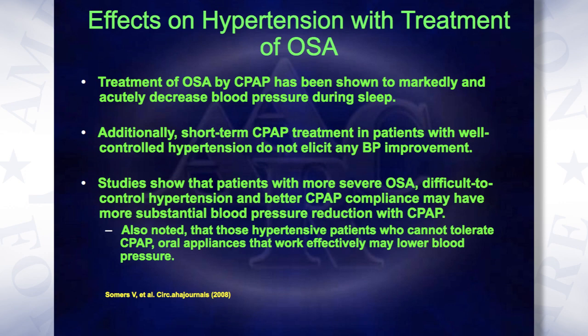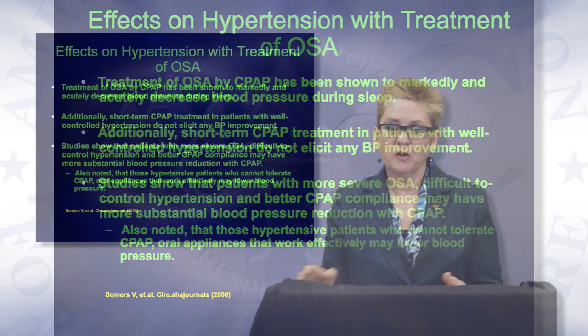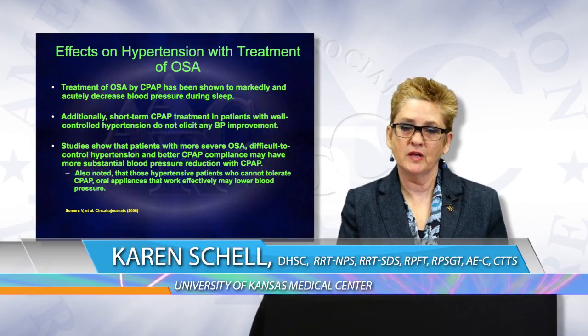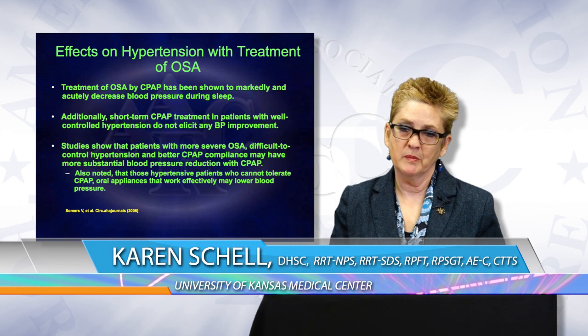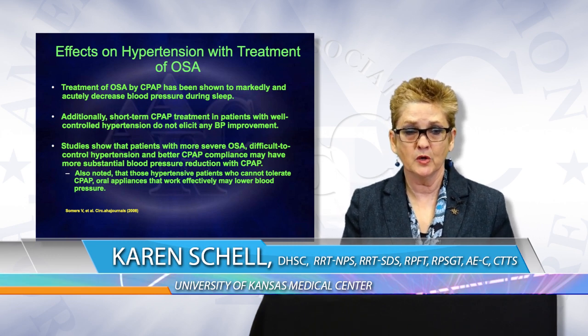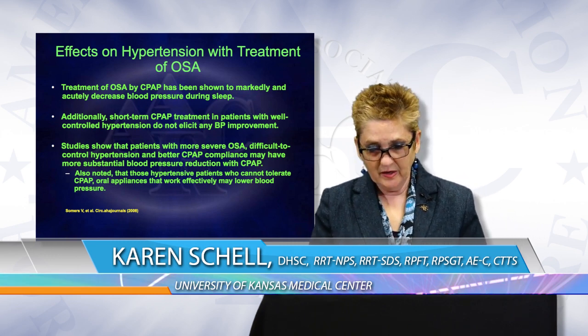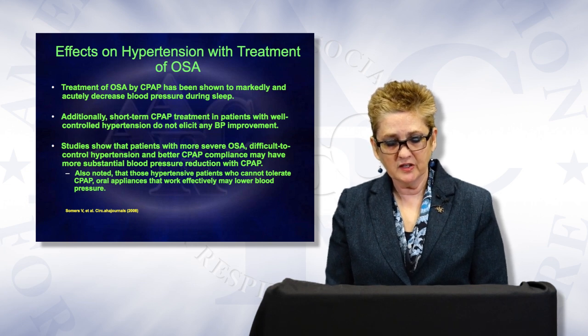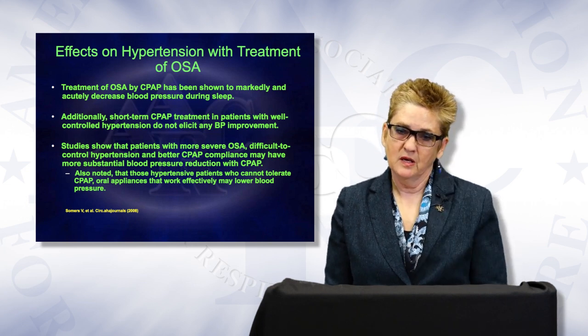Studies have also shown that more patients with severe OSA have difficult-to-control hypertension, and better CPAP compliance may be the issue. Okay, we know what it is, we know they have problems, but are they wearing their mask? Are they using their machine appropriately? A lot of times we can find a treatment that's effective, but our patient isn't compliant.